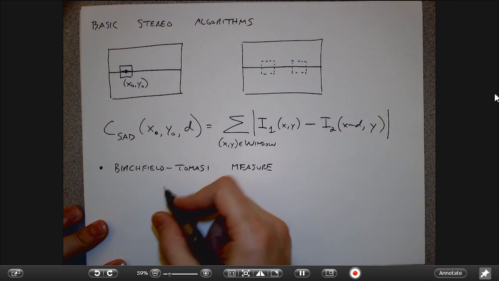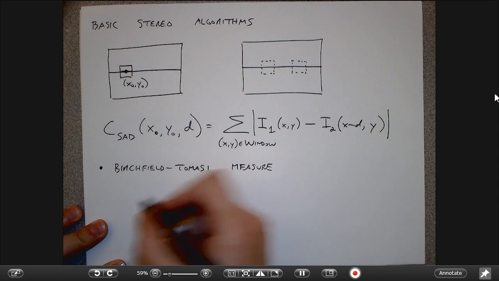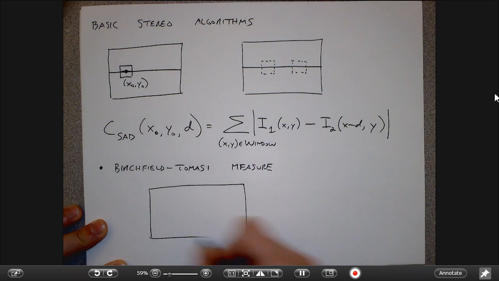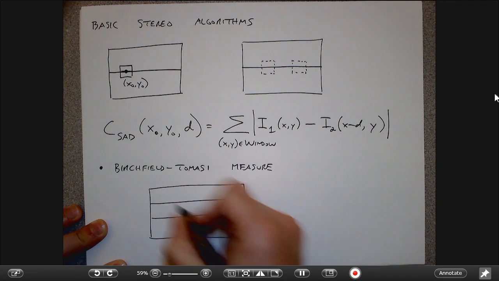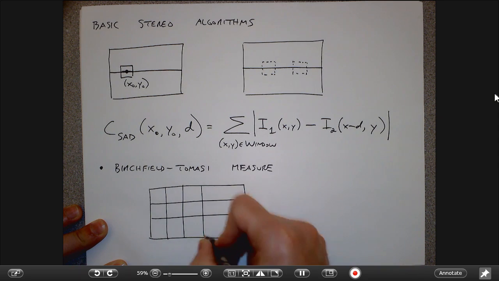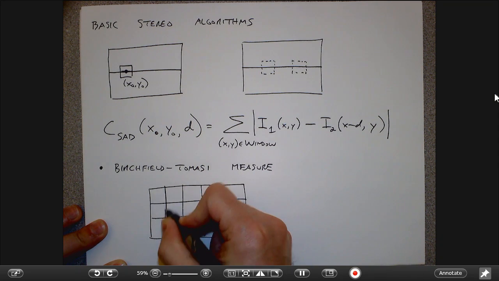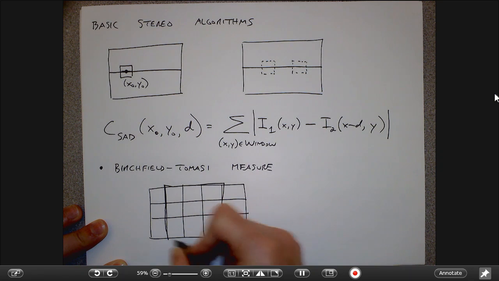So if I make a zoomed in version, let's say I've got a 3x3 window, and say I'm asking myself about the match to this window here.